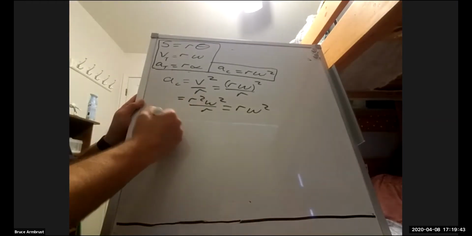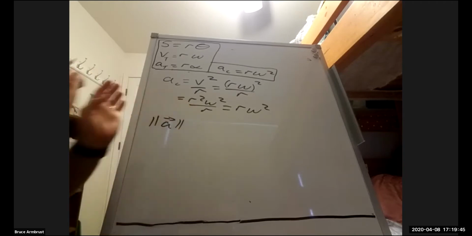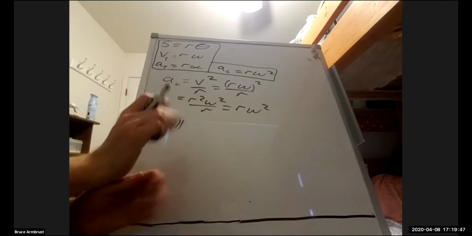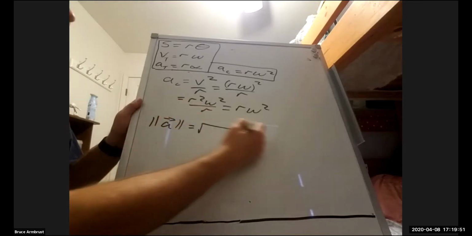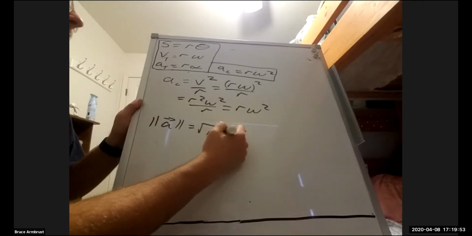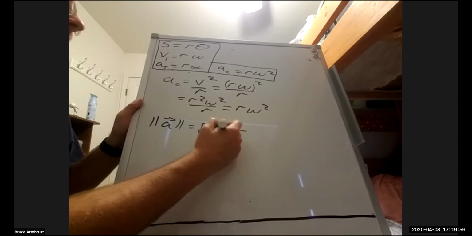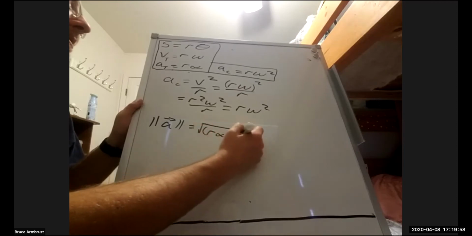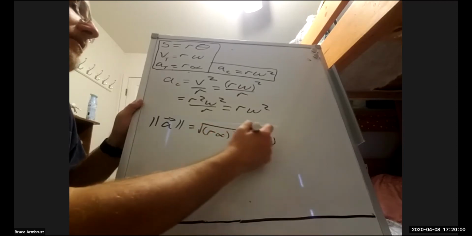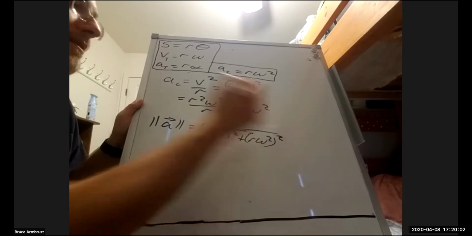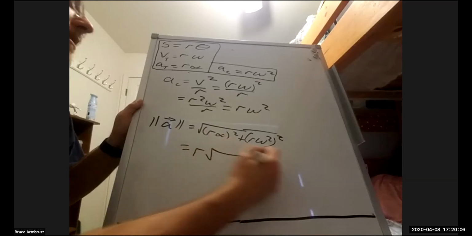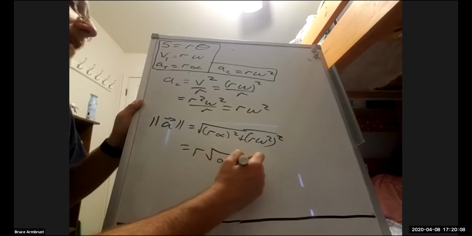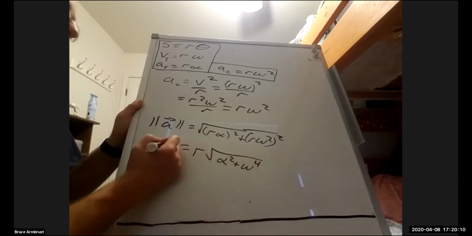The magnitude of a, the entirety of the acceleration, is the square root of (r alpha) squared plus (r omega squared) squared, which with a little simplification gets you r times the square root of alpha squared plus omega to the fourth.